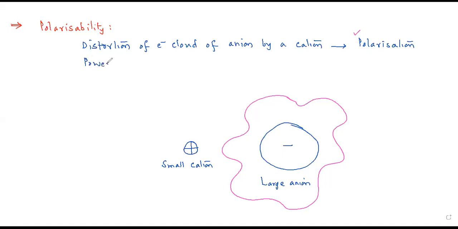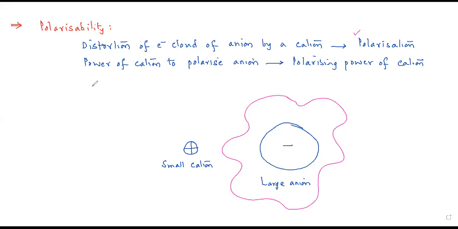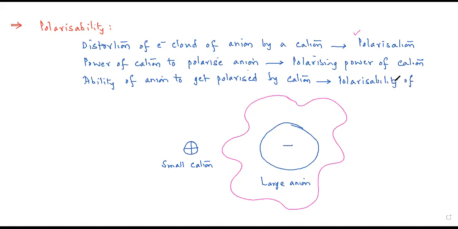Power of the cation to polarize the anion is called polarizing power of cation, right? Now, the ability of anion to get polarized by the cation, this is what I call polarizability of anion.